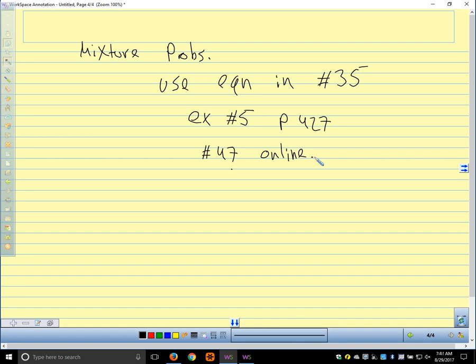For the mixture problems, you're just going to plug in the quantities that they give you into the equation in problem number 35, and then you solve those differential equations. I think the mixture problems are all separable. So you don't have to use first order linear or Bernoulli equations; you just get all the x's on one side, all the y's on the other side, and integrate.